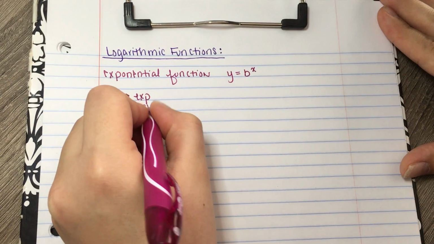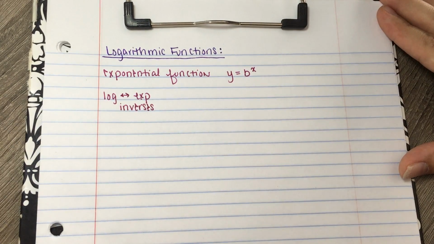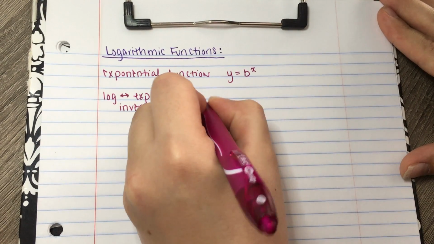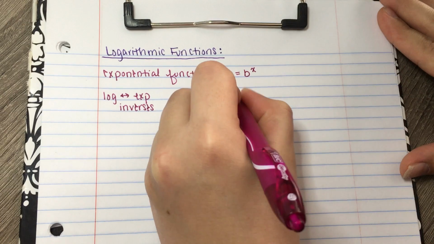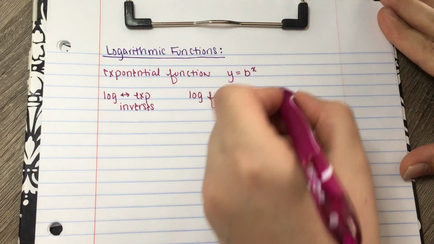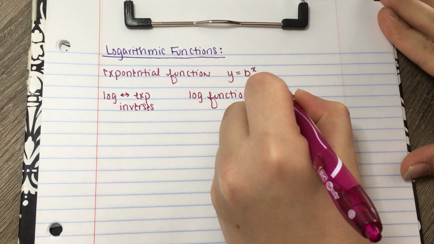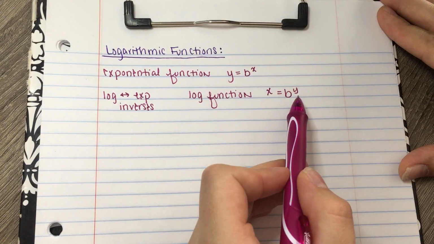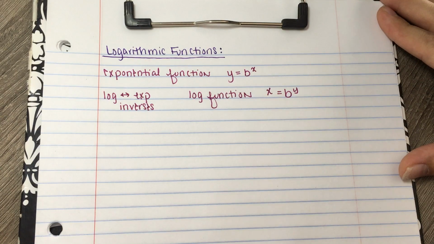And we know what an inverse is now because we worked with inverses of functions, and that means that you switch your x and y. So with our log function, we could take our exponential function and switch our x and y. So I have x here, then I have b to the y. This is a log function. It's just written in exponential form, which can be a little confusing.